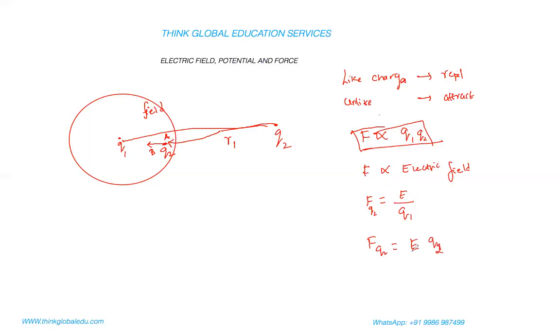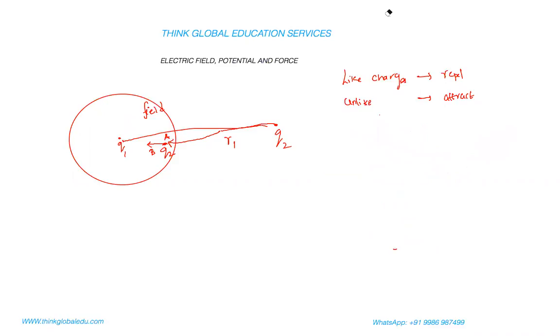That is the force felt by Q2. Rather than writing it as Q1 and Q2, we can generalize it as F and Q. What we can say is that F, the force, is equal to the electric field multiplied by the charge.